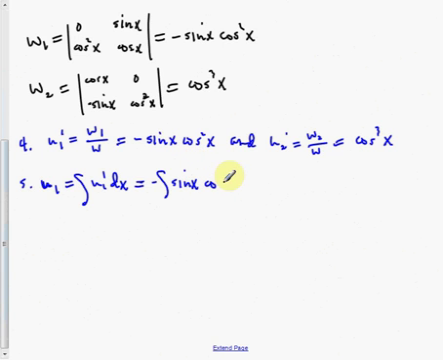Sine x cosine squared x dx. This is equal to, see if I have any more friends, cosine cubed x divided by 3.